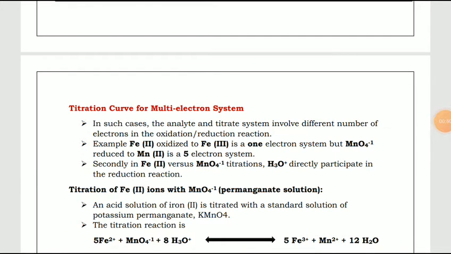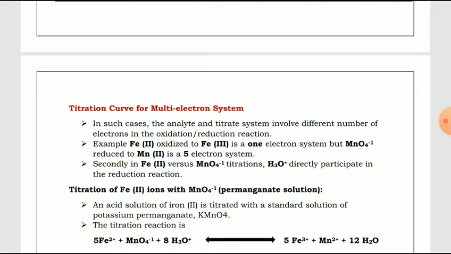So, in a multi-electron system, the analyte and titrant involve different numbers of electrons in the oxidation or reduction reaction. For example, Fe2+ oxidized to Fe3+ is a one electron system, which we have already seen in the previous example.